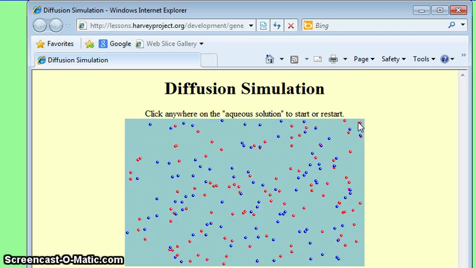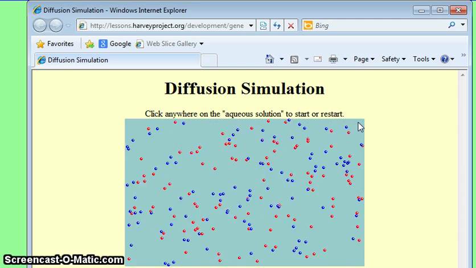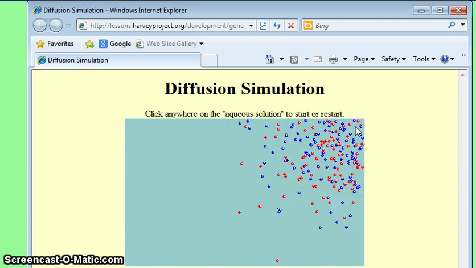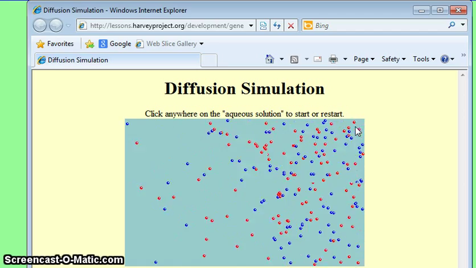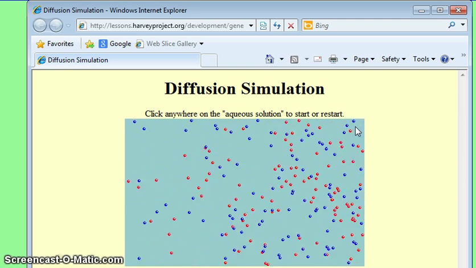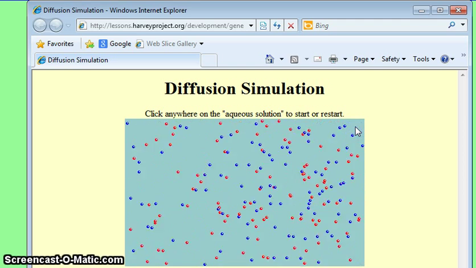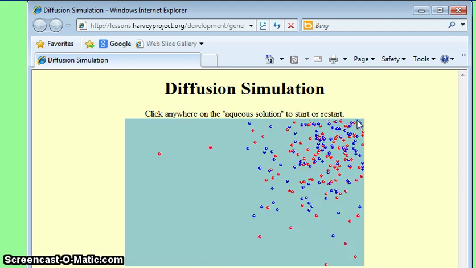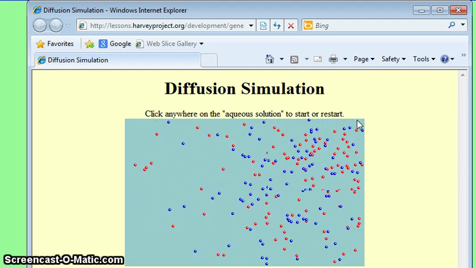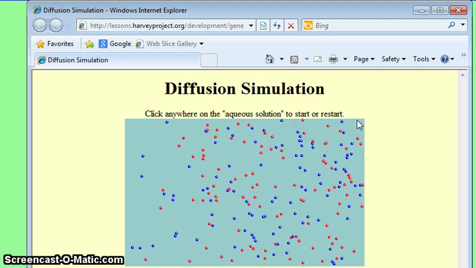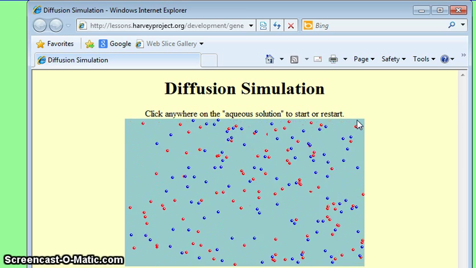They have reached equilibrium. However, they have not themselves stopped moving. So diffusion is still occurring, and now equilibrium has been reached.